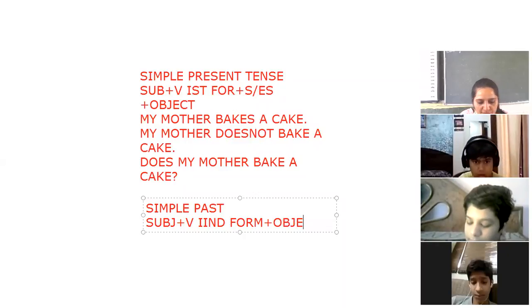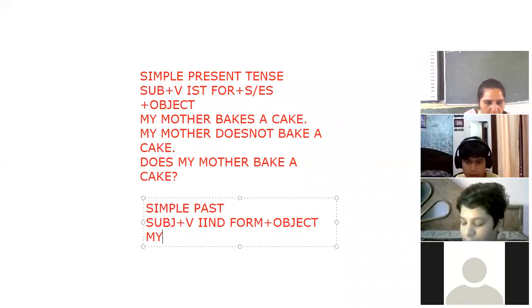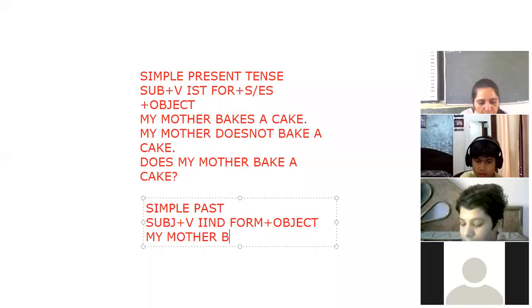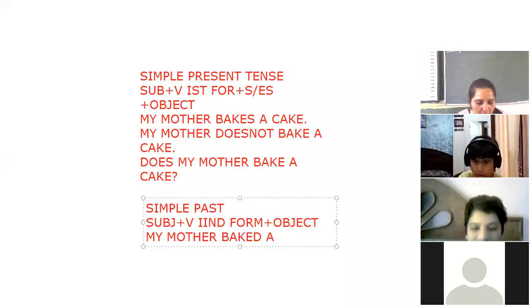The same sentence we can change into simple past: My mother baked a cake. So bake is the first form and baked is the second form.